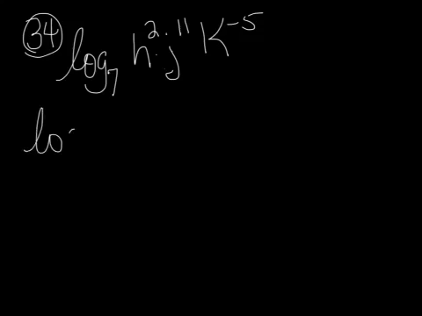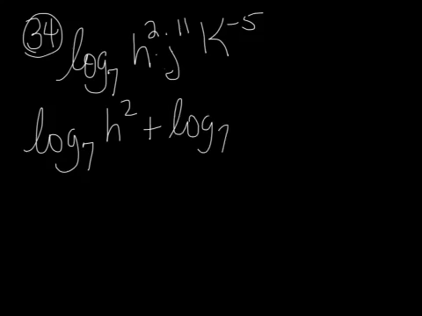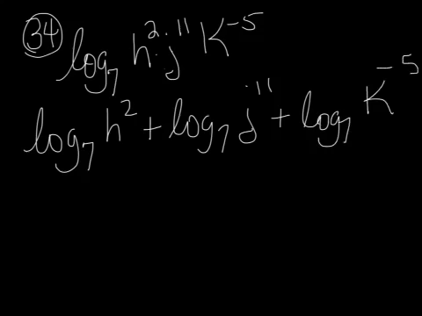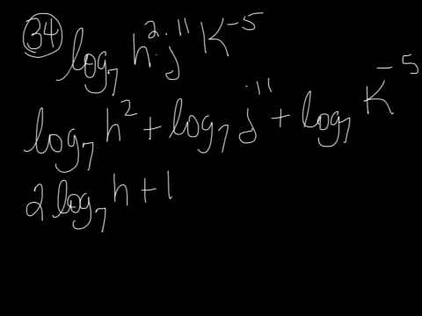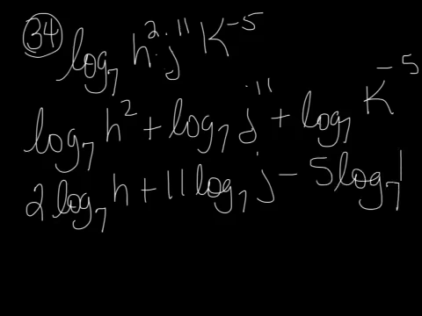So that's log base 7 of h squared plus log base 7 of j to the 11th plus log base 7 of k to the negative 5. Now, exponents come out front, so that is 2 log base 7 of h plus 11 log base 7 of j minus 5 log base 7 of k.